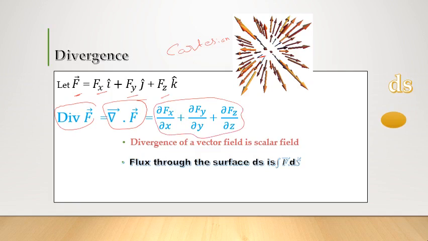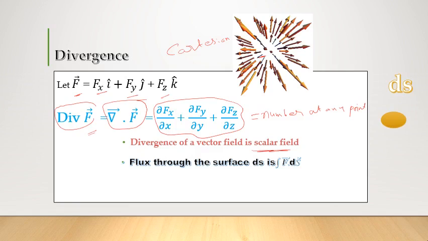Observe here no i, j, k's have come, only numbers. Therefore ultimately you will get just a number at any point, or scalar at any point, no direction. Therefore after taking divergence of a vector field you will have a scalar field.